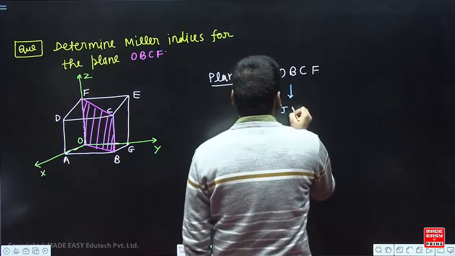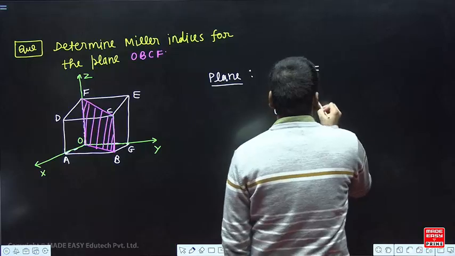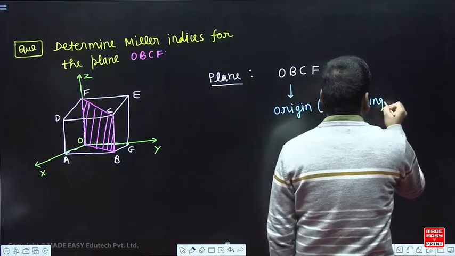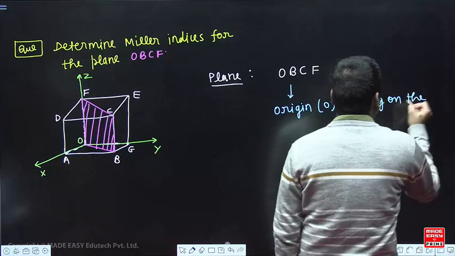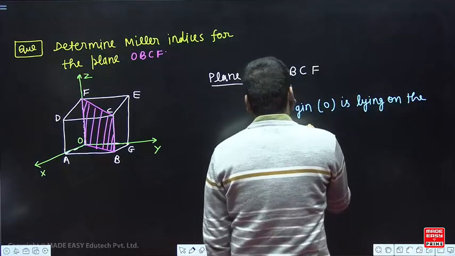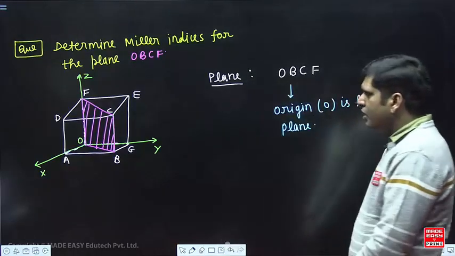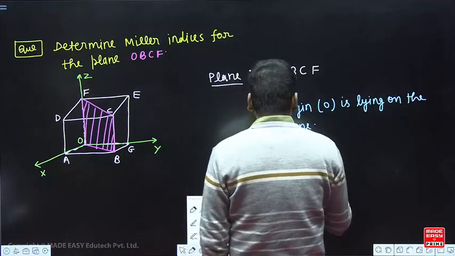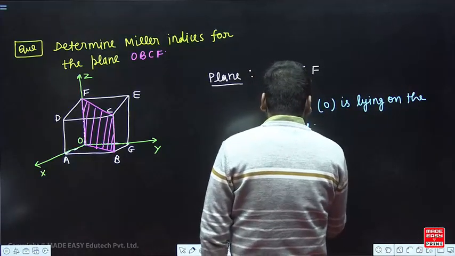Origin O is lying on the plane. If origin lies on the plane, then we need to shift origin.